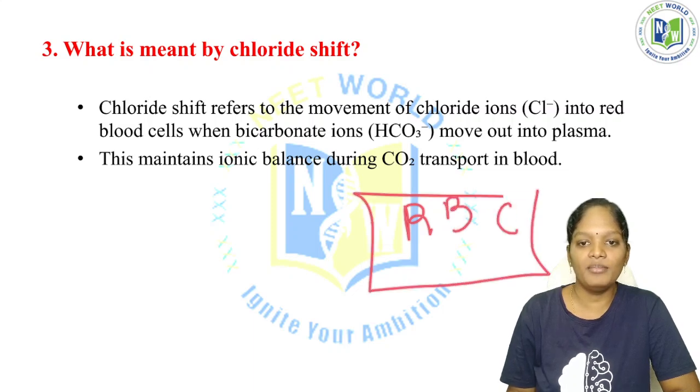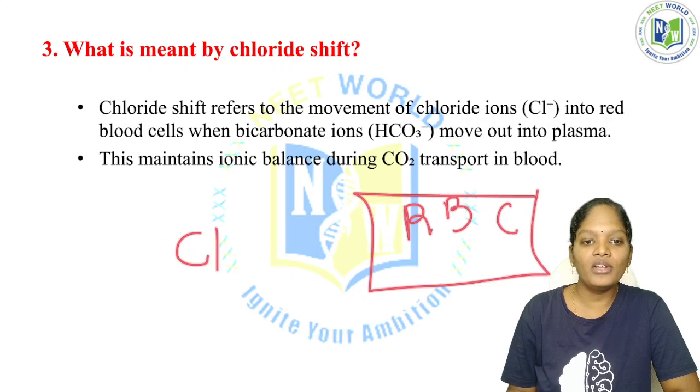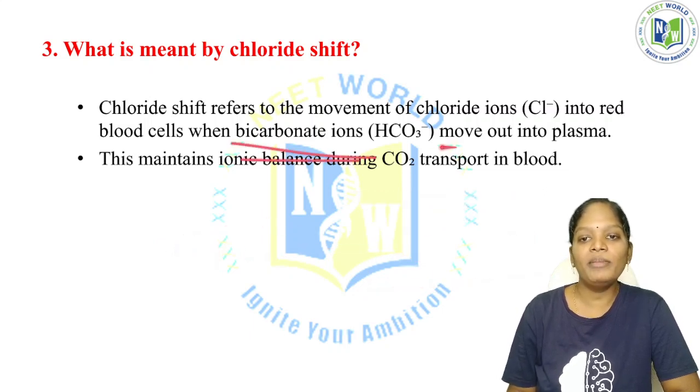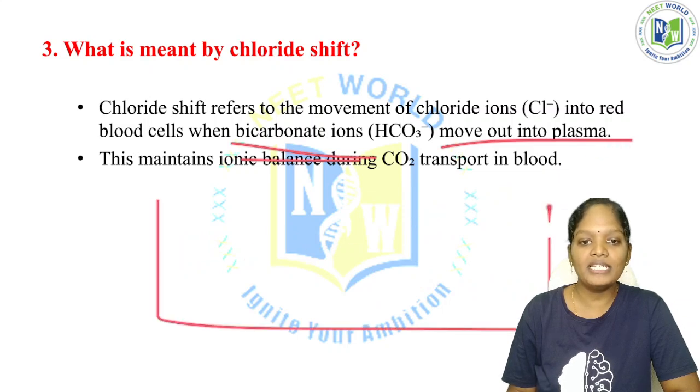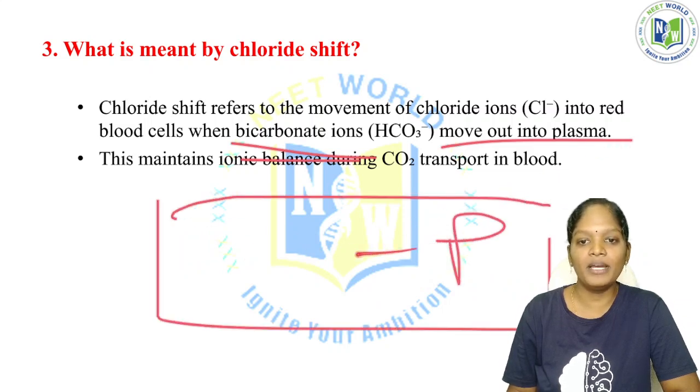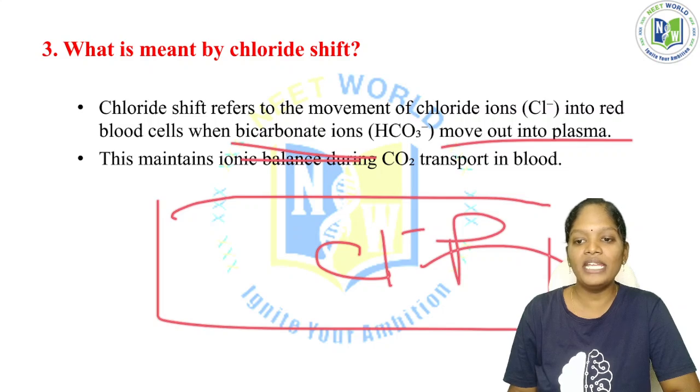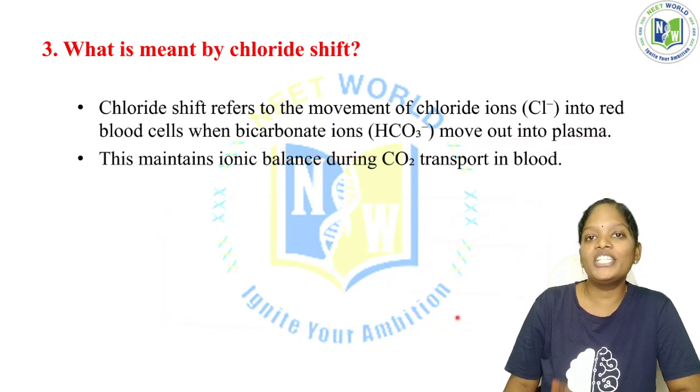This is the RBC. The chloride ions enter the RBC when the bicarbonate ions move out into the plasma. This is the plasma, and as Cl minus comes in, HCO3 minus moves out into the plasma. This is what a chloride shift is.